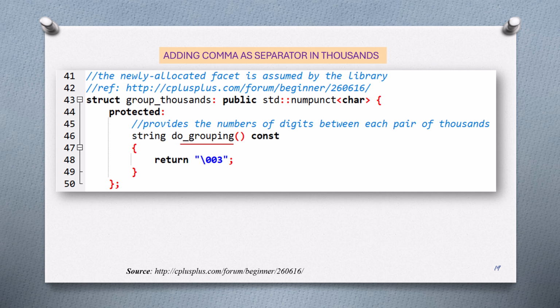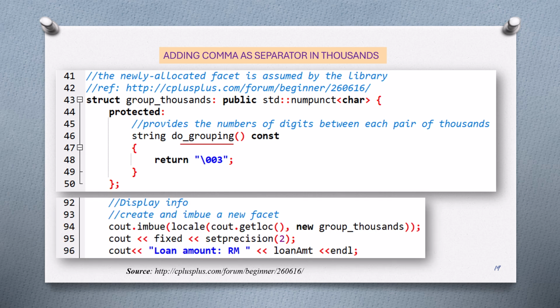It provides the number of digits between each pair of thousands separators. When you want to call this function, you need to imbue a new facet. If you study objects, classes, and methods, you will come back to this to appreciate the knowledge.